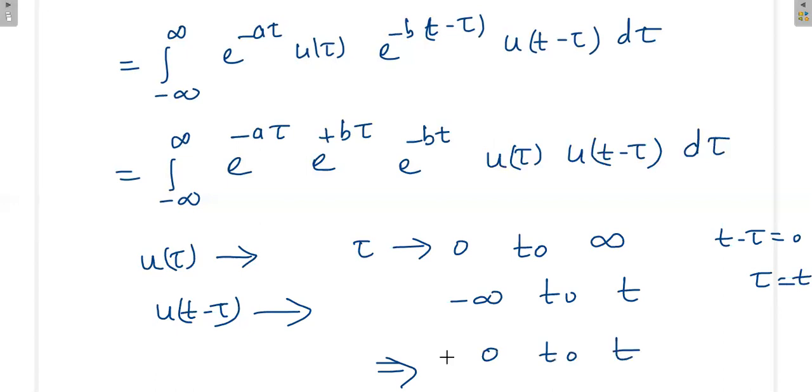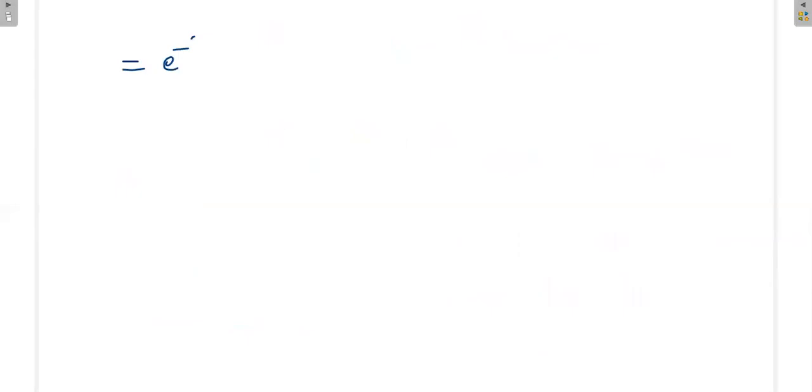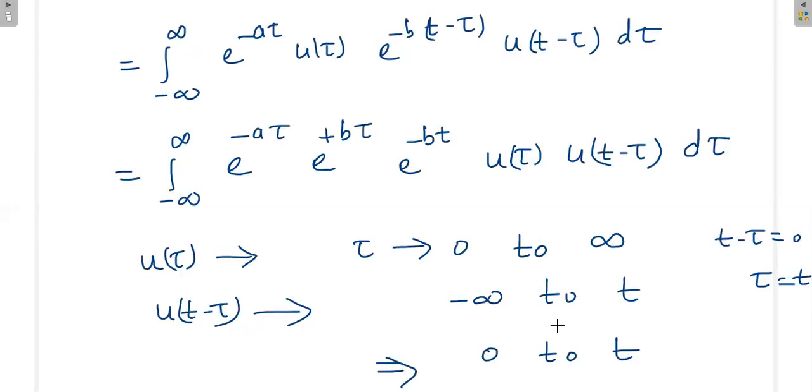Then e power minus bt I can take outside, because the integration is with respect to tau, so with respect to tau this is constant. Also, the integration is valid only from 0 to t, because outside the limit of 0 to t you would get 0 and the integration would become 0.